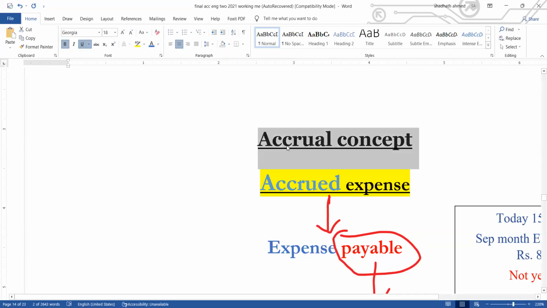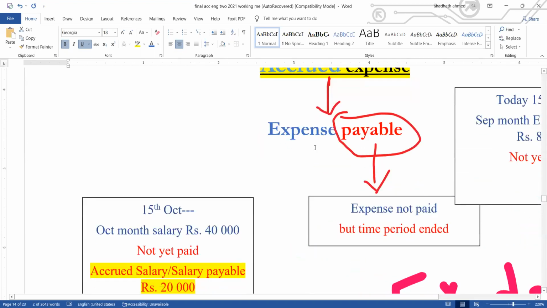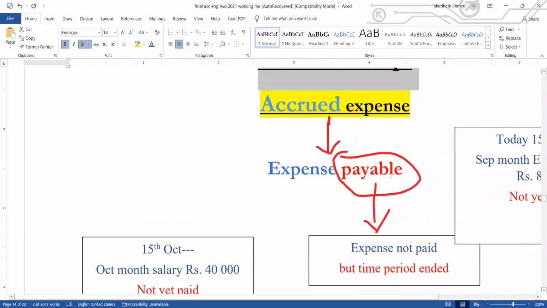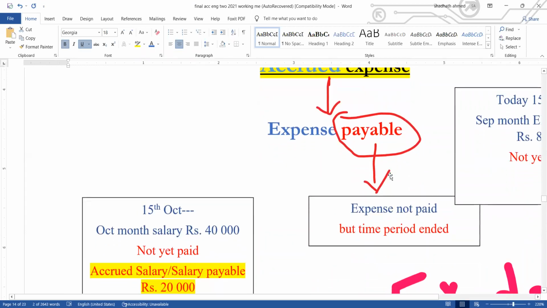You don't have to write any notes or explanation about the accrual concept, but you have to understand a small point. If you note it down, that's good. Accrual concept says accrued expense means expense payable. What do you mean by expense payable? Expense not paid, but time period ended.